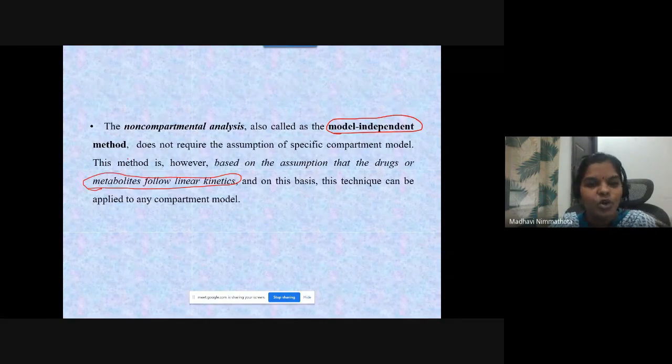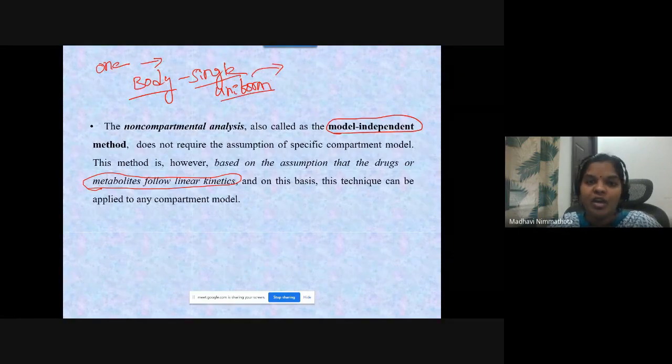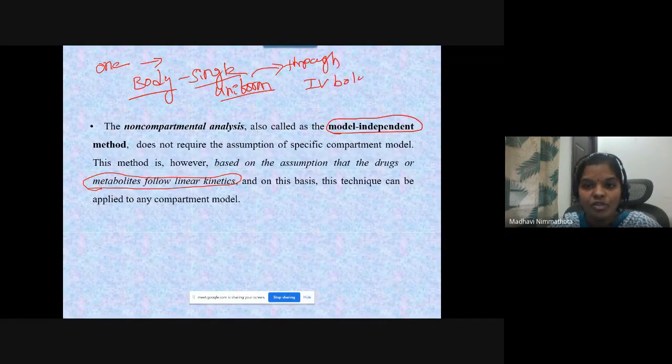So in case of one compartment, you assume our body as a single uniform compartment, right? Then it follows the one compartment model through IV bolus or IV infusion, right?